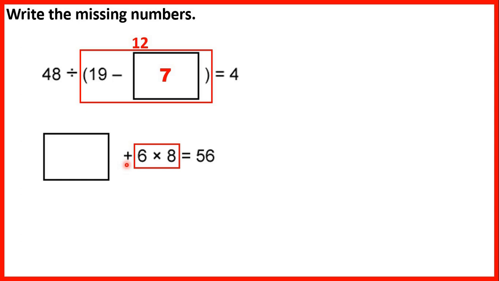The way I remember that is that addition and subtraction are easy, and we always leave the easy stuff till the end. So 6 times 8 is 48, and because we always do the multiplication before addition, we have something plus 48 equals 56. Now 56 minus 48 is 8, so that's our missing number.